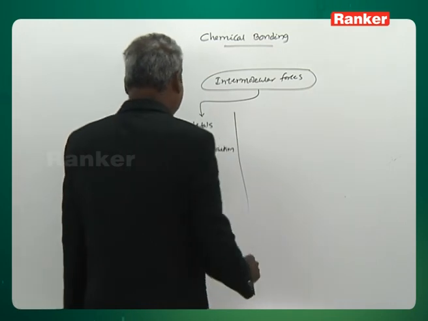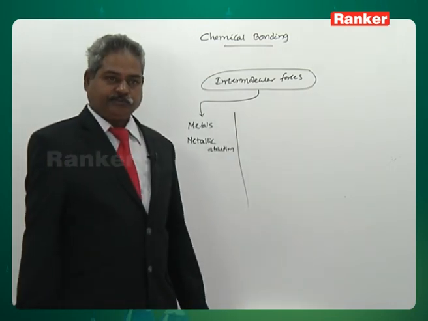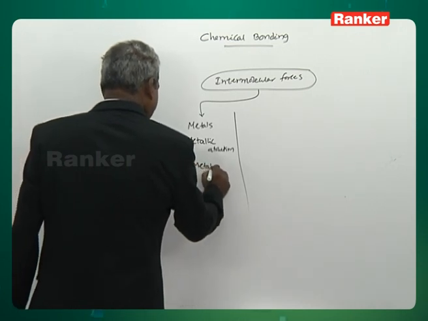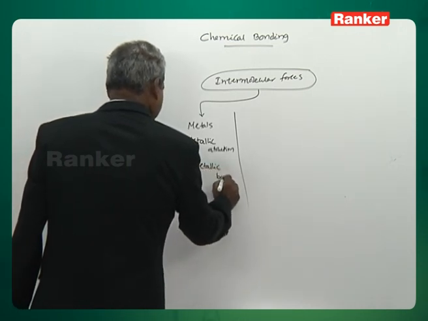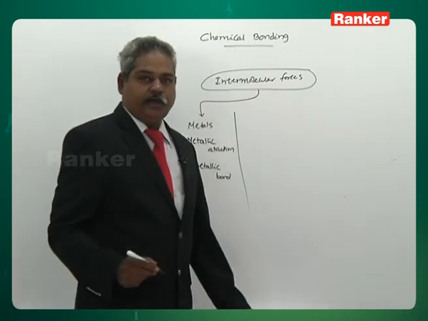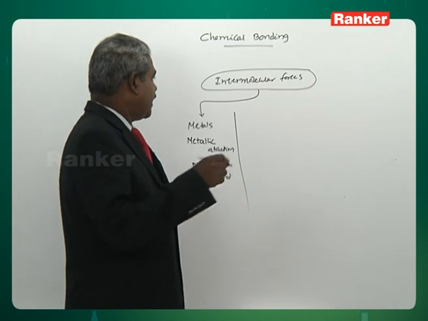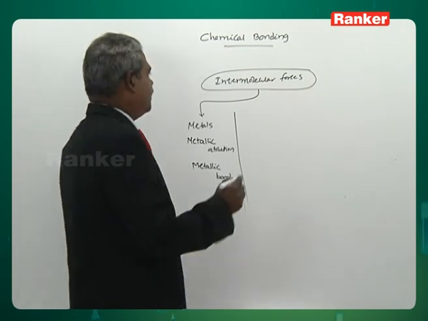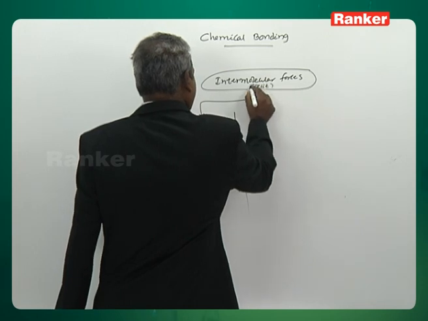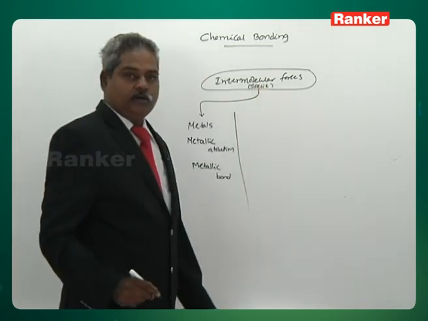In metals, we have metallic attractions, and the bond existing there is called metallic bond. Here, when I said intermolecular, I mean interatomic, interionic, interspecies attraction. Any species, be it molecule, atom or ion.